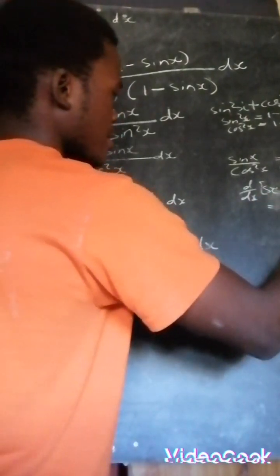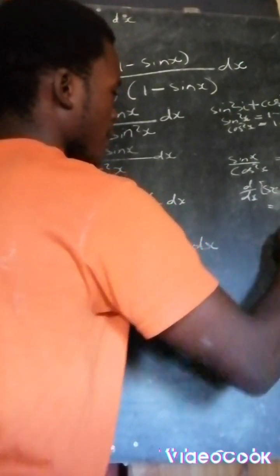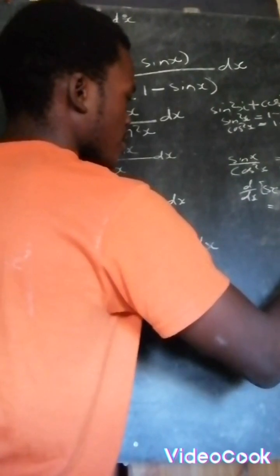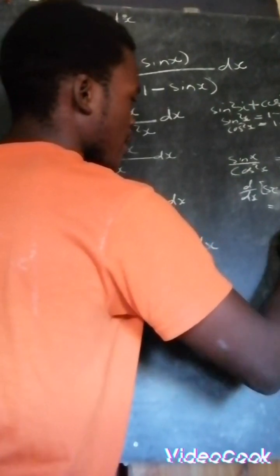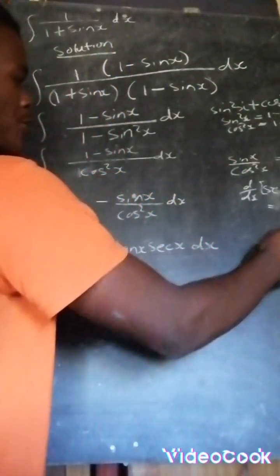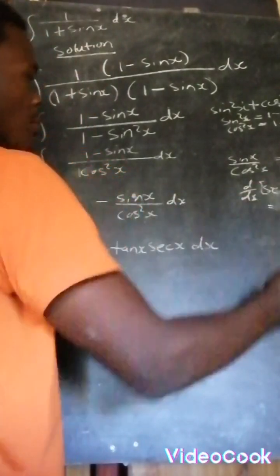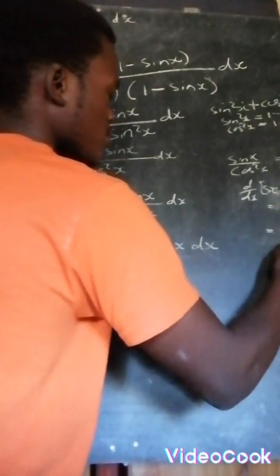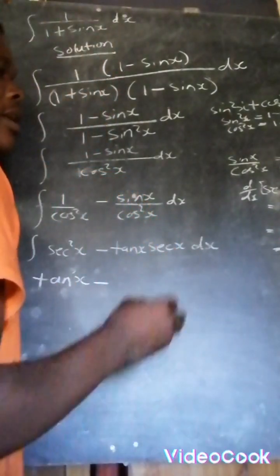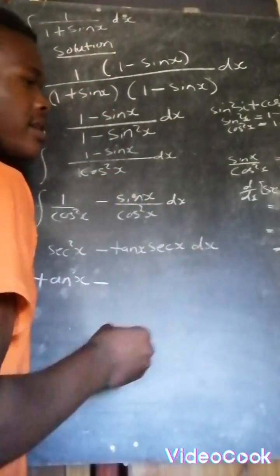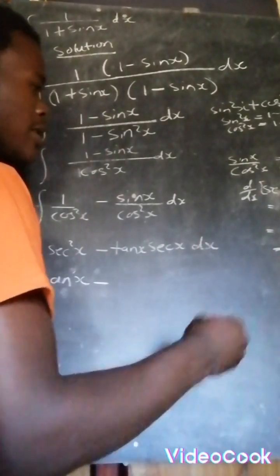It's 1 over cos, that's sec, right? Then I can say cos x to the power negative 1. How did I go to this? I just bring this cos on top. Okay, so now let's use the rules of differentiation. I hope you all know the power rule, the chain rule, and so on.